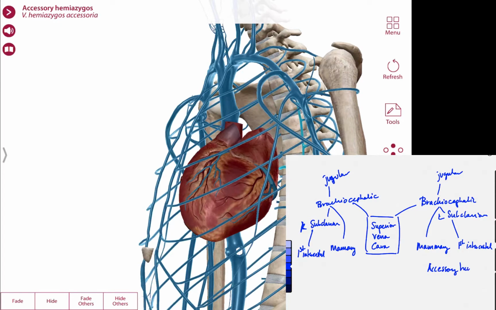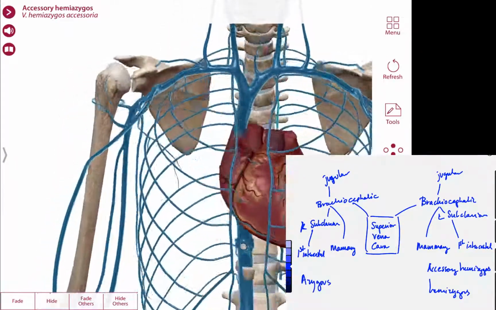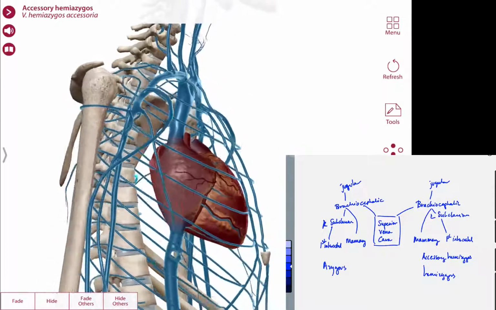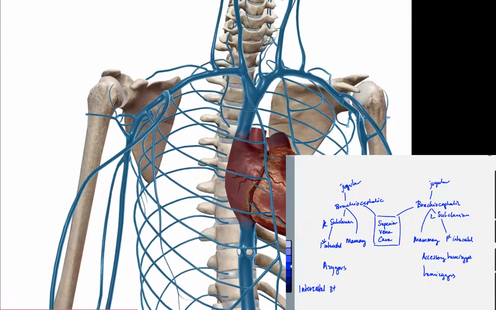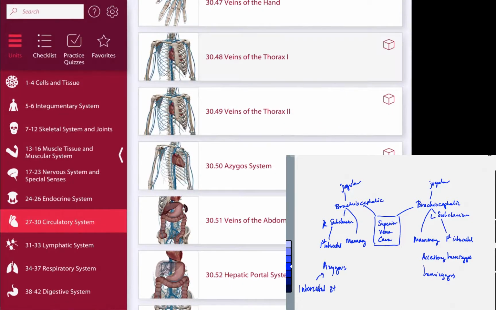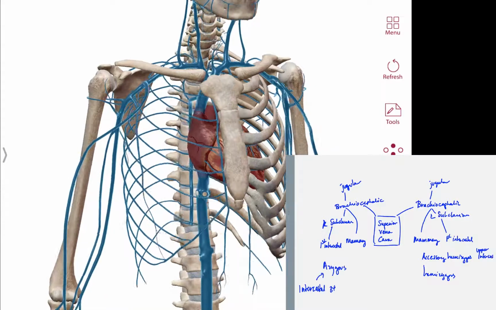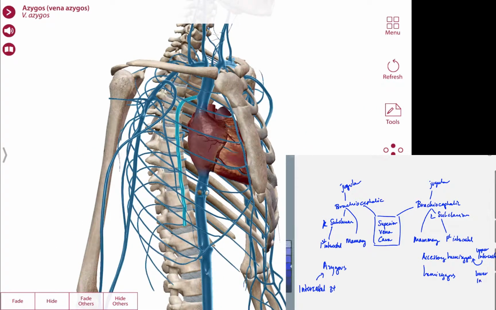And all the blood is going to drain into there, and then the accessory hemizygous and the hemizygous drain into the azygous, which I have somehow deleted. The accessory hemizygous and the hemizygous are going to drain into the azygous, and then that's going to drain into the superior vena cava.